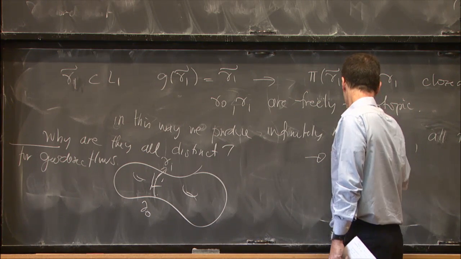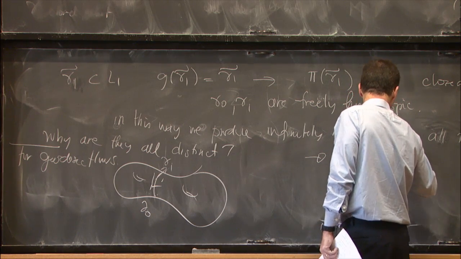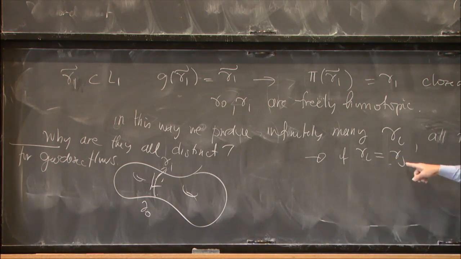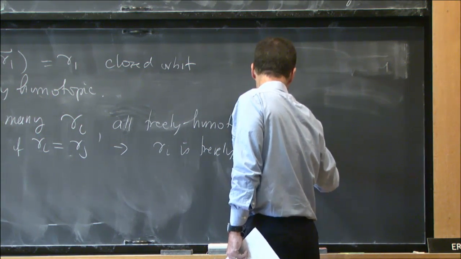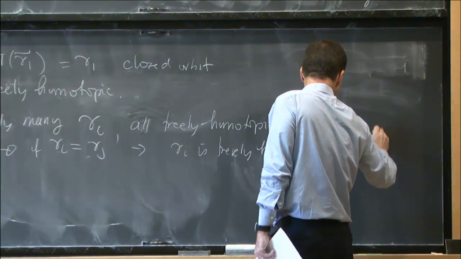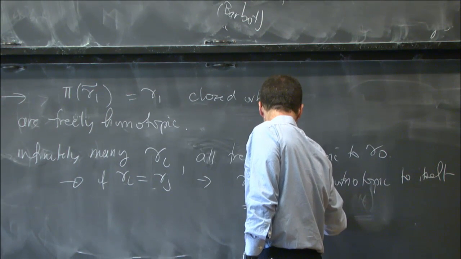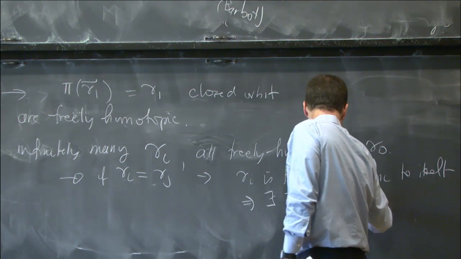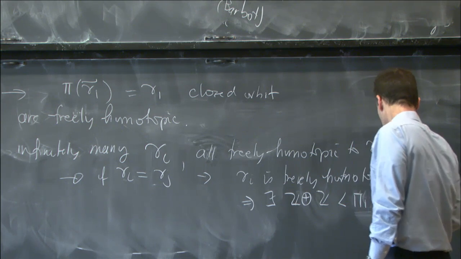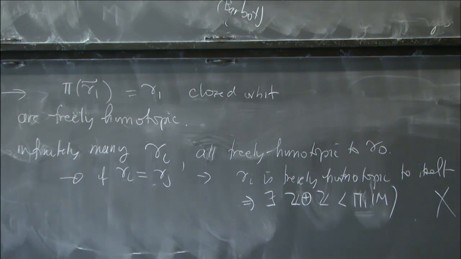Why infinitely many? So if gamma i is equal to gamma j, notice that these are freely homotopic. So you get that gamma i is freely homotopic to itself, which implies there is a Z plus Z in the fundamental group of M, and that's why I assume that M is hyperbolic.